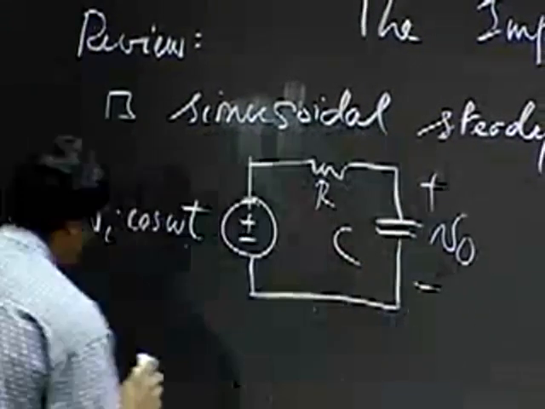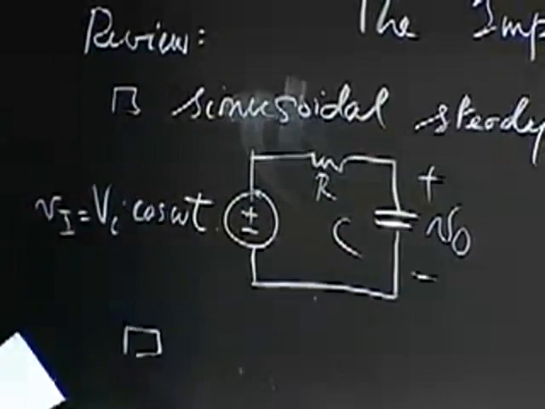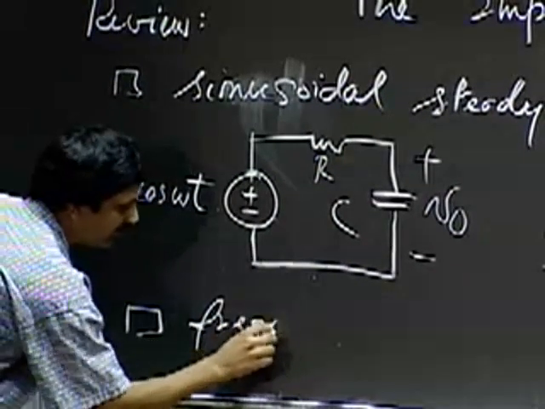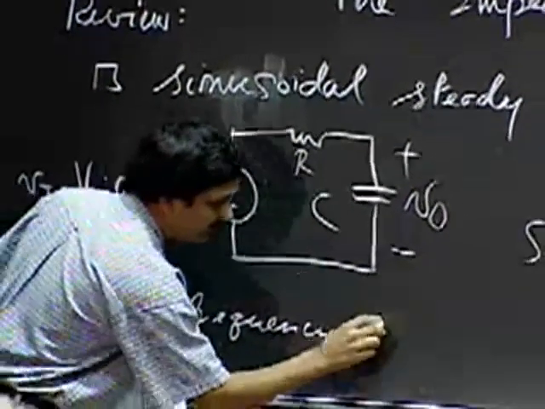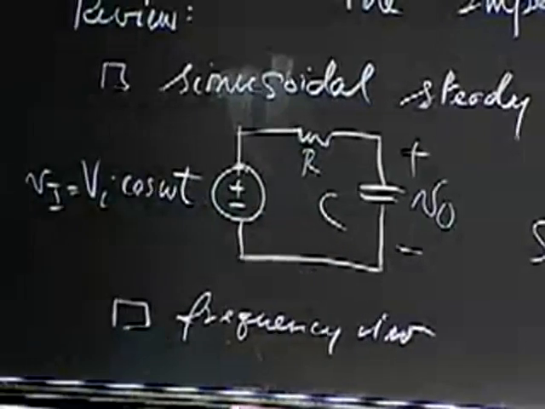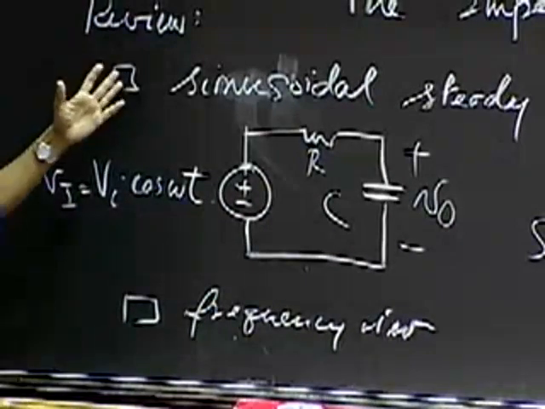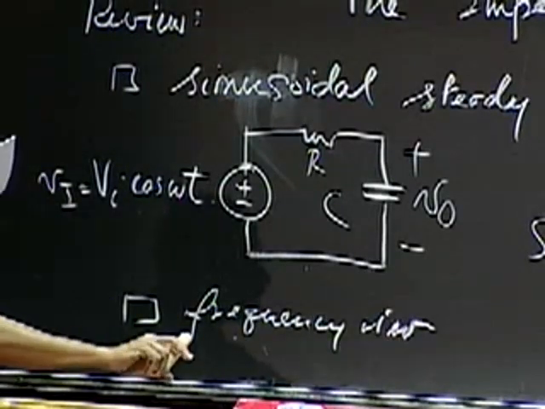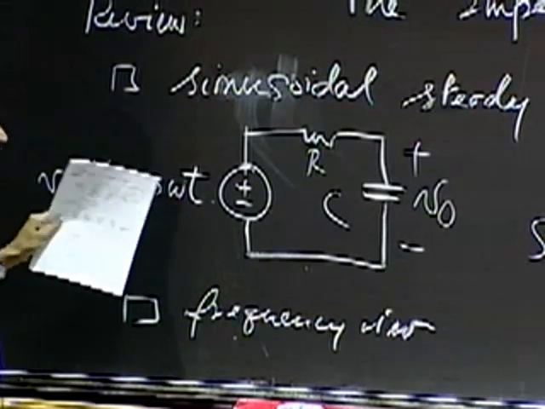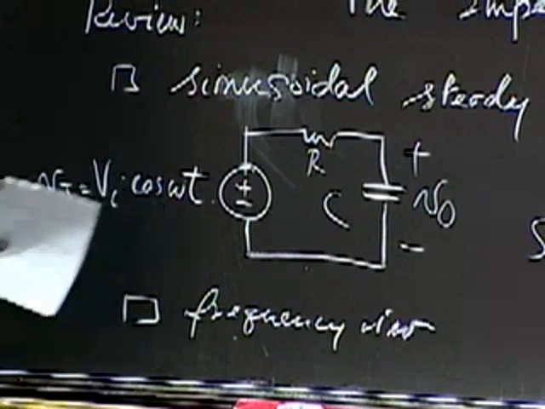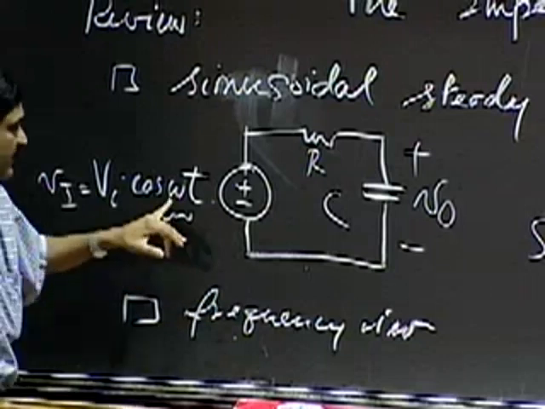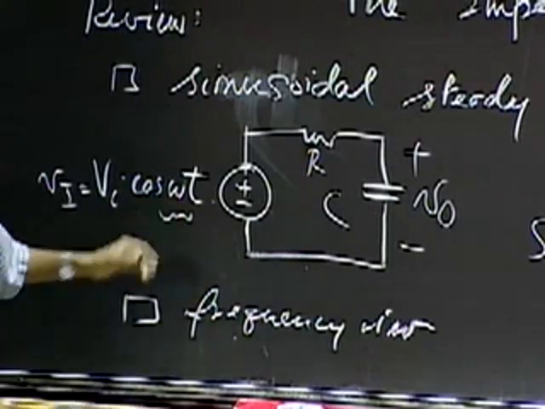And what was important was this introduced a new way of looking at circuits, and that was the frequency viewpoint. When we looked at transient responses, we plotted responses as a function of time. And when we look at sinusoidal steady state, it becomes interesting to plot the response as a function of frequency, a function of omega.